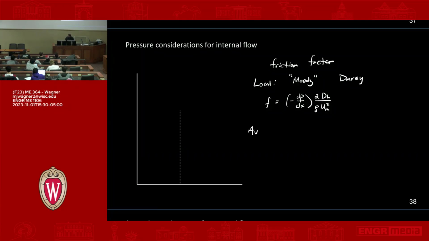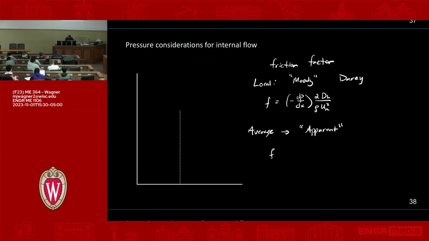If I want to compute the average, this is what we call the apparent friction factor. This is what appears to be the friction factor if you look at a long length of pipe.